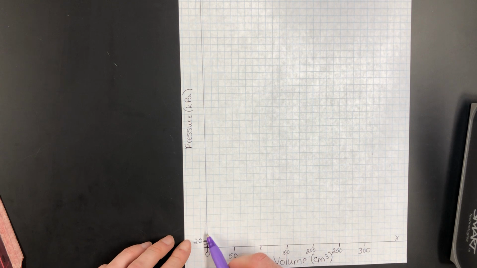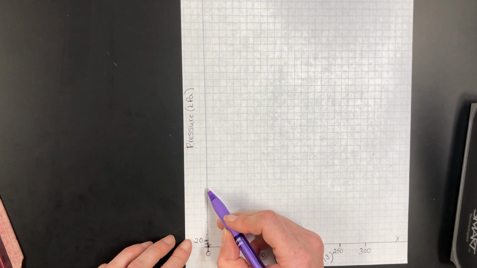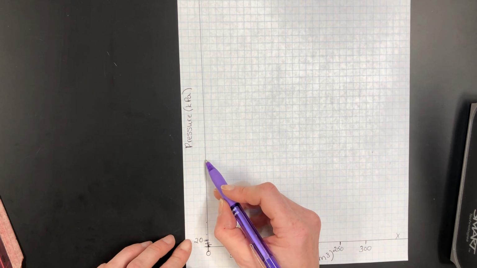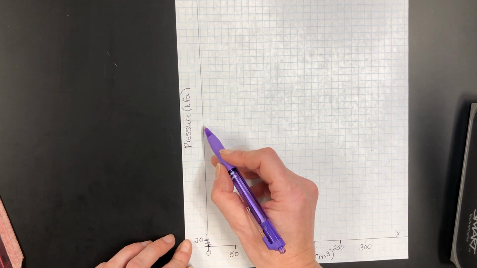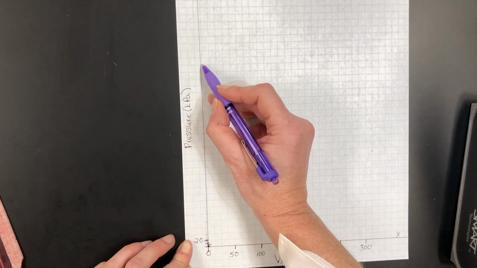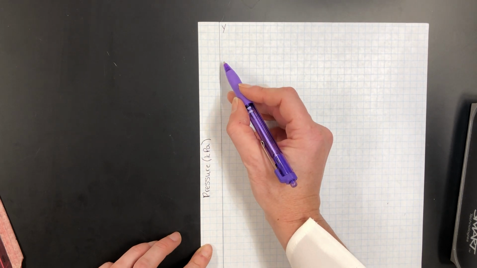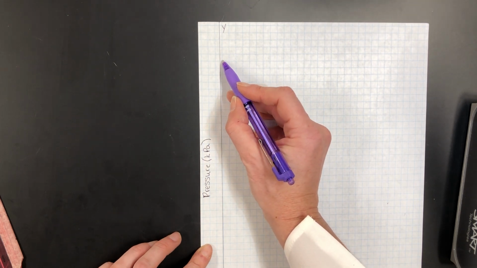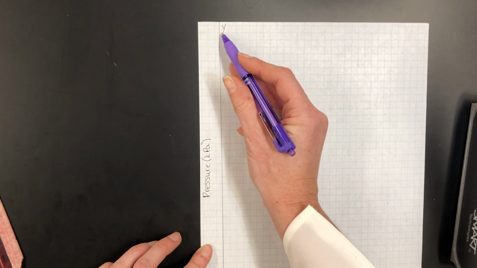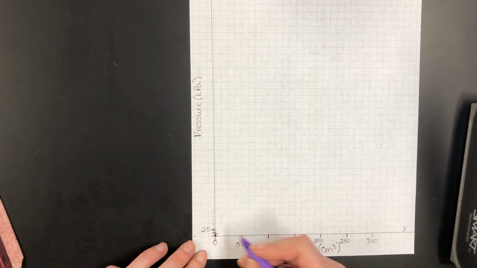I think we need to do every other line by 5. 20, 25, 30, 35, 40, 45, 50, 55, 60, 65, 70, 75, 80, 85, 90, 95, 100, 105, 110, 115. Doesn't quite fit, but I think we're going to make it fit.